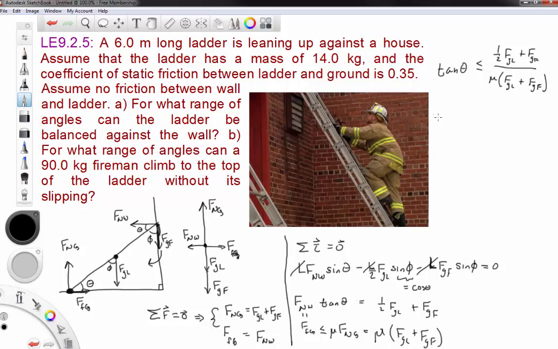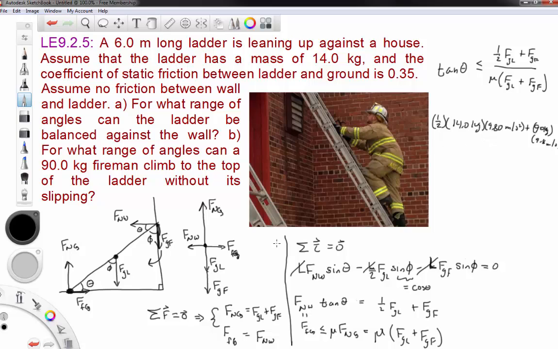Basically, the numerator is now going to be 1/2 times 14.0 kilograms times 9.80 meters per second squared plus 90 kilograms for the firefighter, also times 9.8 meters per second squared.